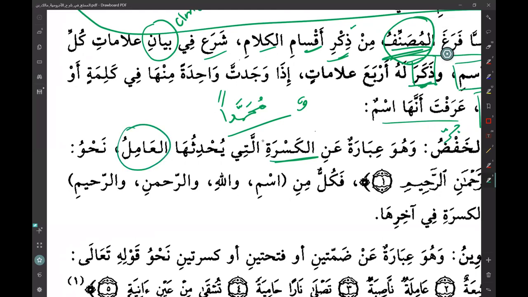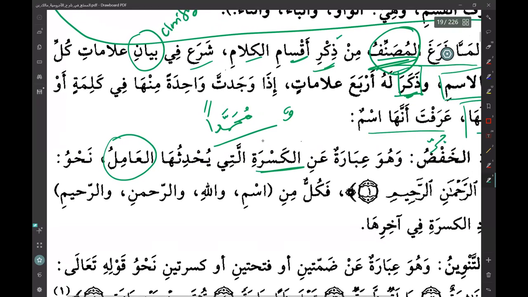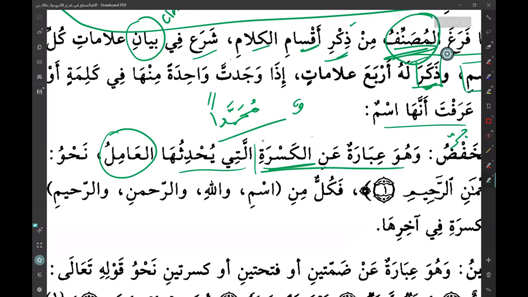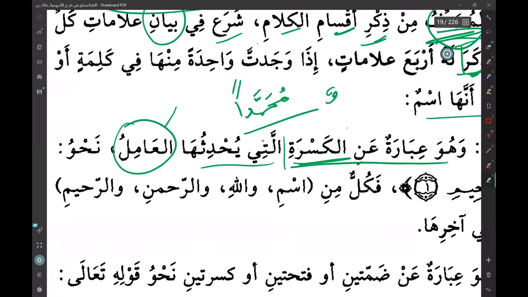We have a whole book and science about amil. The plural is awamil. So this part is clear. It says it is an expression of a kasra. Then it says allati yuhdithuha, which is produced by what? By an amil.